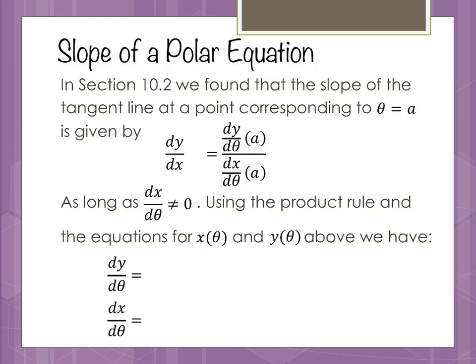In 10.2, this was the equation we found. There should be a line here, and let me move that again a little bit closer. Down at the bottom of this line, it should say theta equals a, which I can't write small enough.